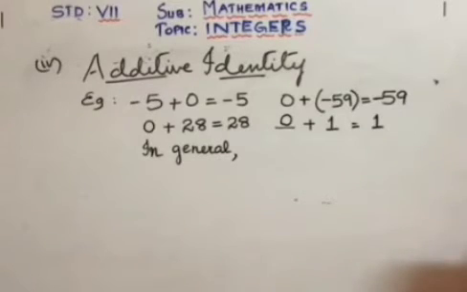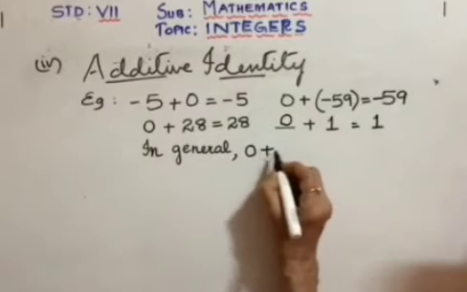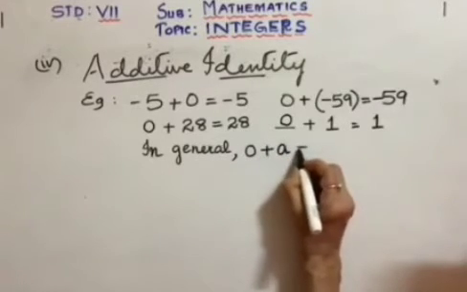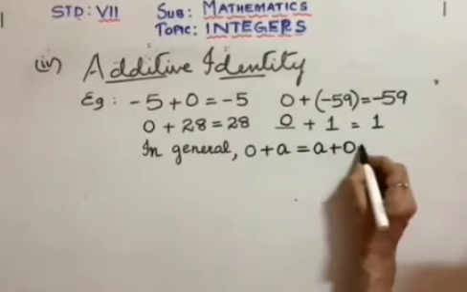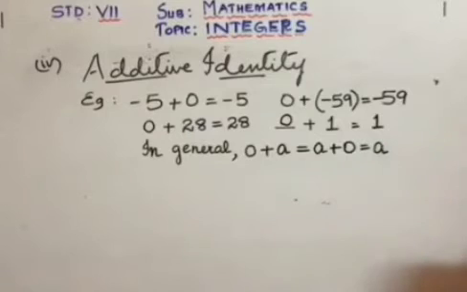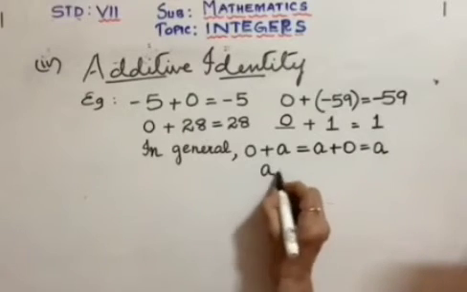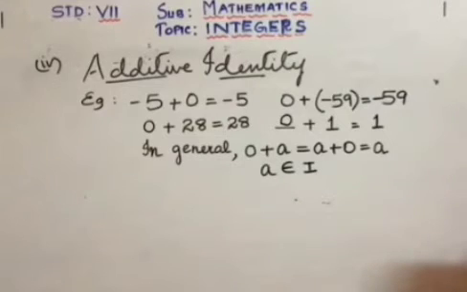All those are variables. They can take any integer. So I'll write 0 plus a is same as a plus 0. What is the result, children? It is a. Here a belongs to the set of integers. Do you all agree?